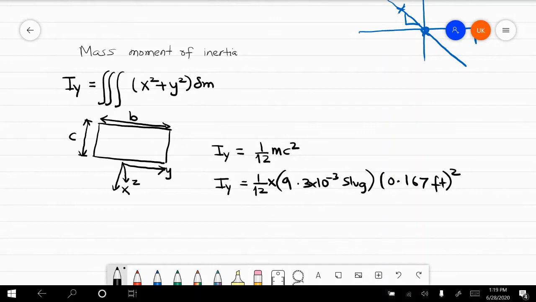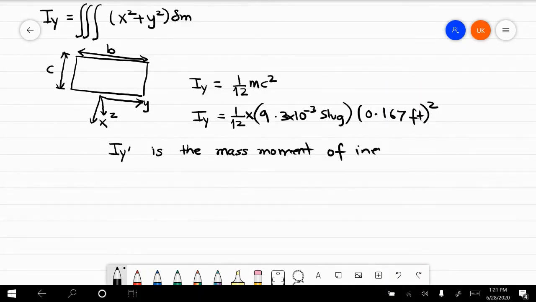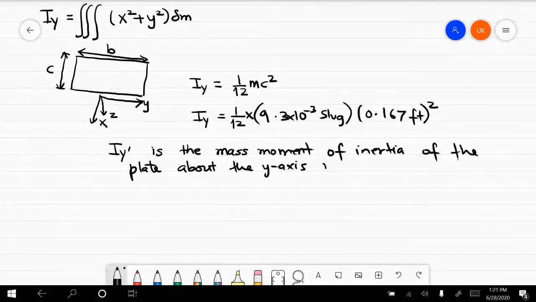But in this problem, we are interested in the rotational motion about the overall center of gravity, which is not the same as the center of gravity of the plate. We want the mass moment of inertia about the overall center of gravity.